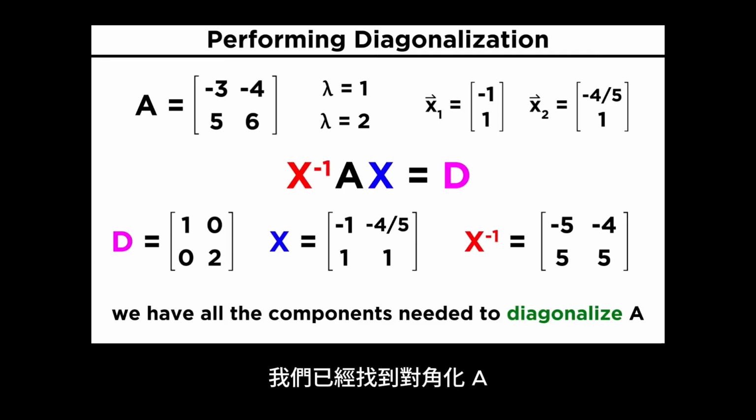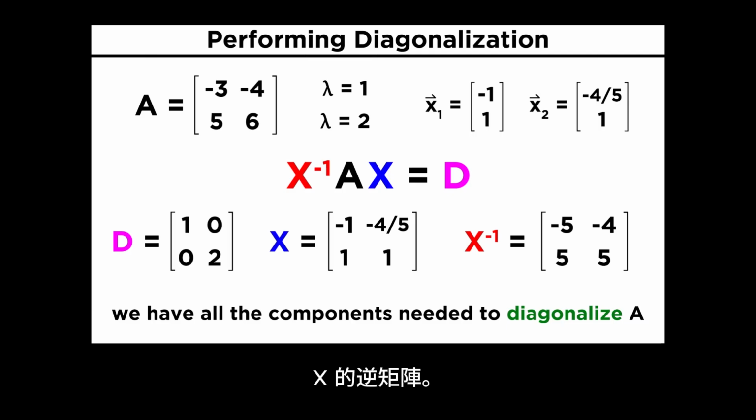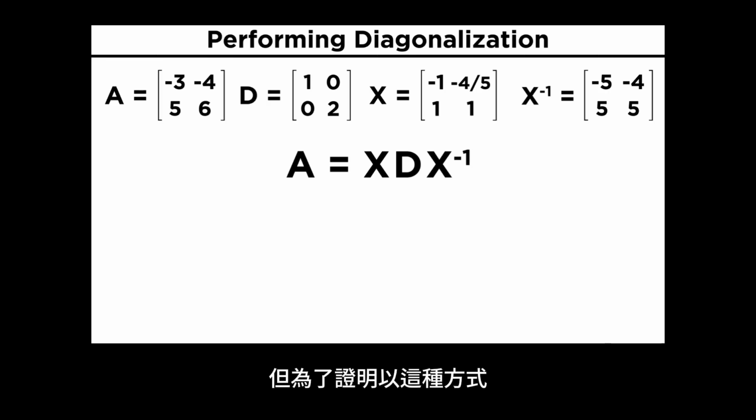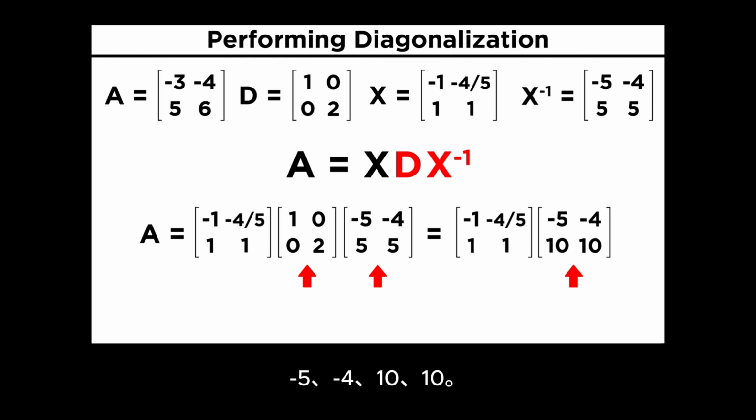We have found all the components to diagonalize A, those being X, D, and the inverse of X. But in order to show that setting up the matrices in this way does in fact give back A, following the equation A equals X, D, X inverse, let's do the multiplication to verify. First, take D times X inverse, and we get -5, -4, 10, 10.